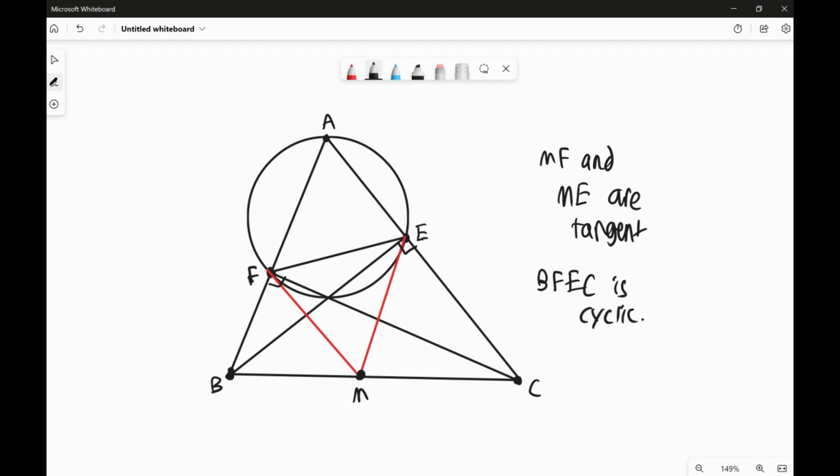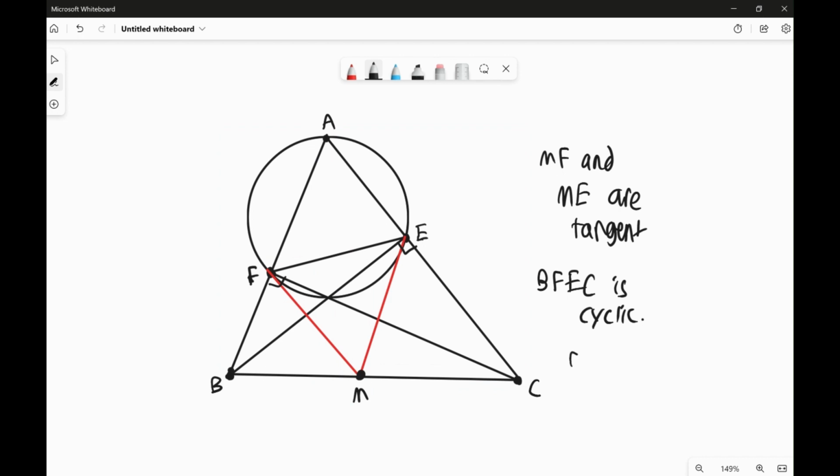And whenever we see a cyclic quadrilateral, we always ask, where is the center of the circle? And it definitely seems like M is the center here because all of these lengths seem to be equal here. But that directly results from M being the circumcenter of triangle BFC because BFC is a right angle and M is a midpoint.